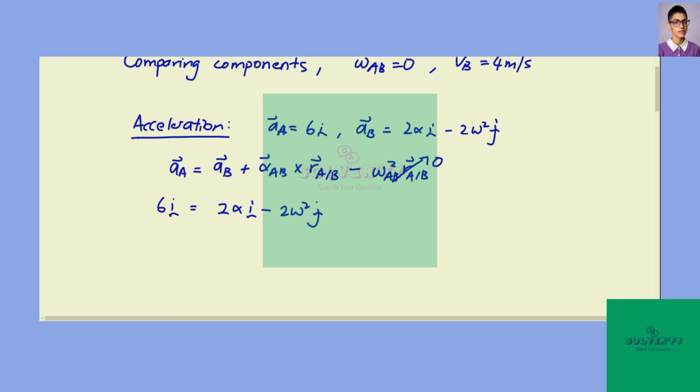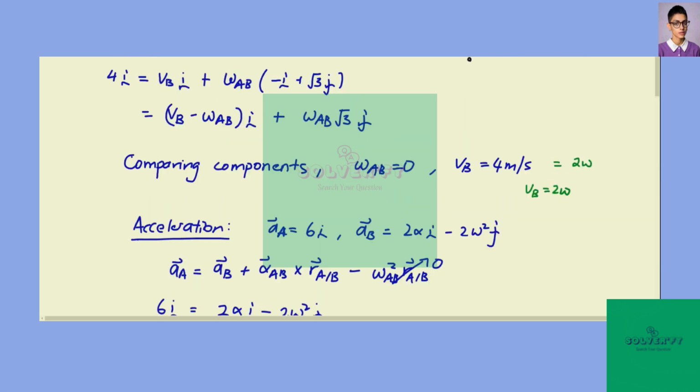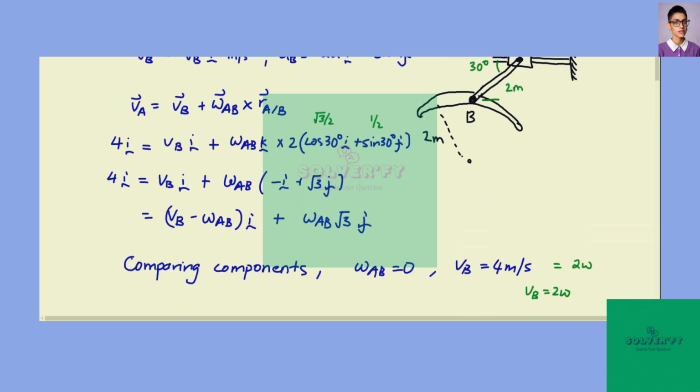Since VB equals 4, and VB is 2 omega from the diagram, VB is pointing this way, so it has radius times omega in the i direction.